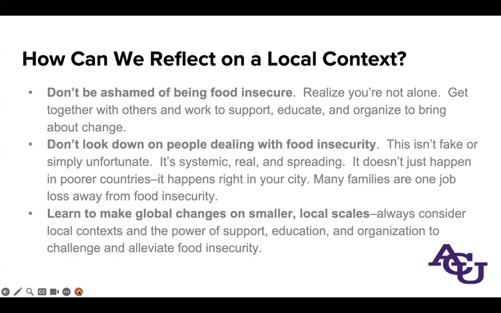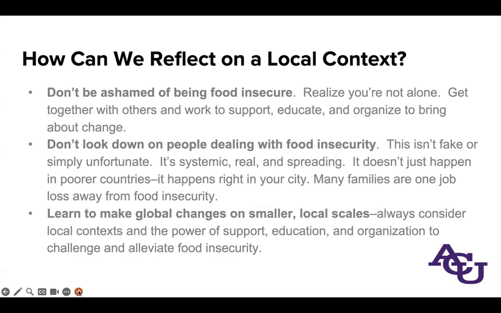Food insecure. Don't be ashamed. Realize you're not alone. We are not alone in this. We need to get together with other people and work to support and educate and organize to bring about change.